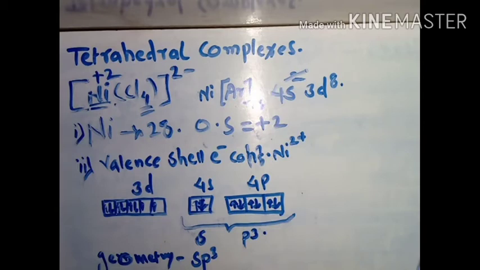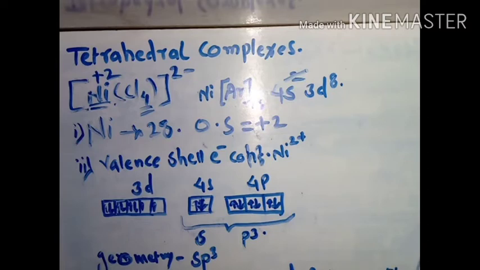Now its magnetic property. Here there are two unpaired electrons present, so it is paramagnetic in nature.